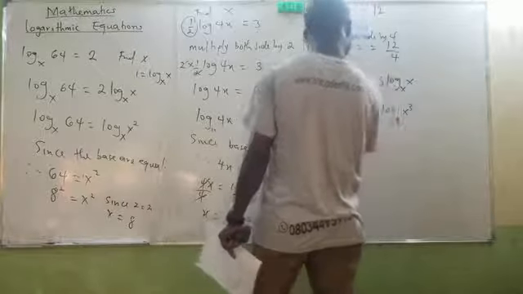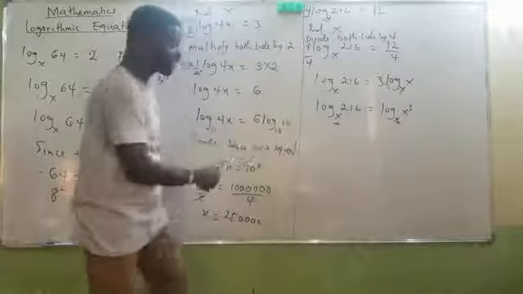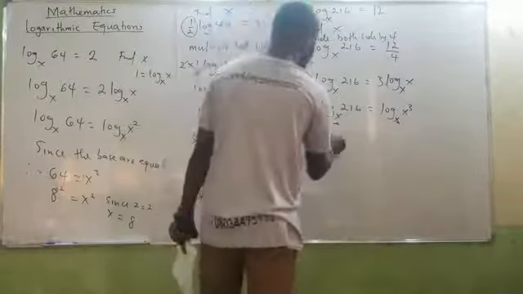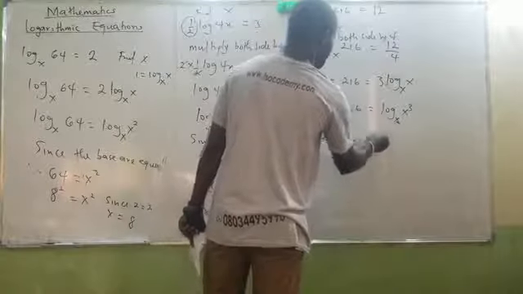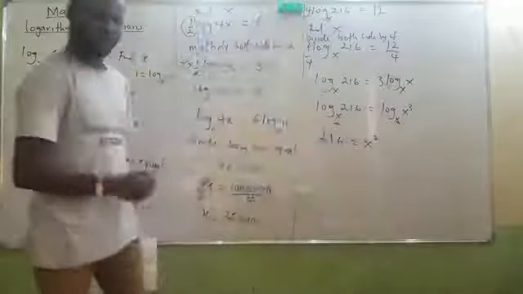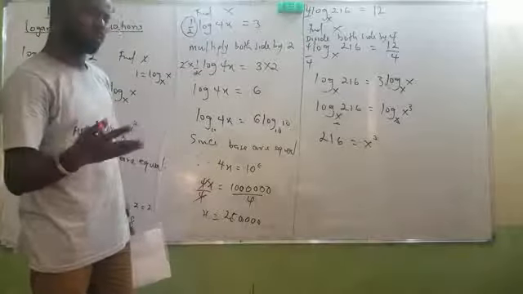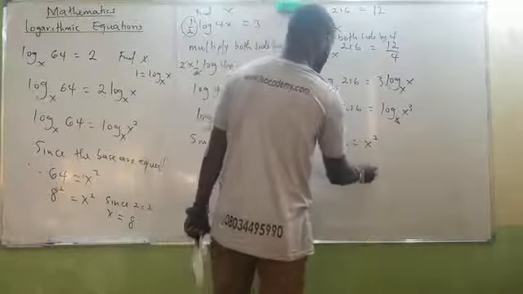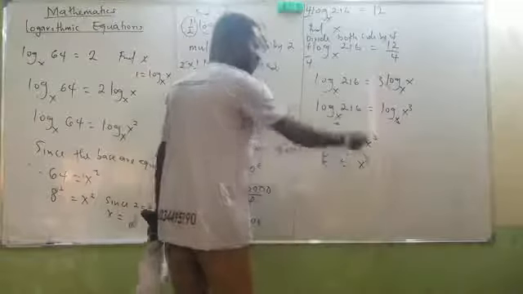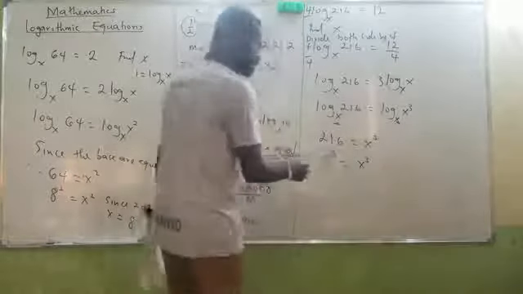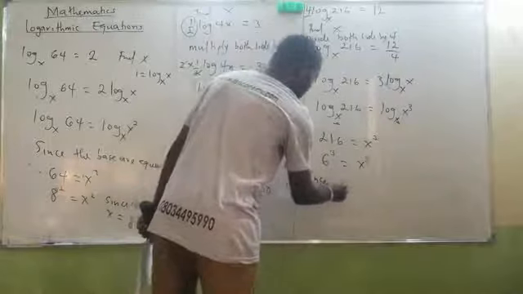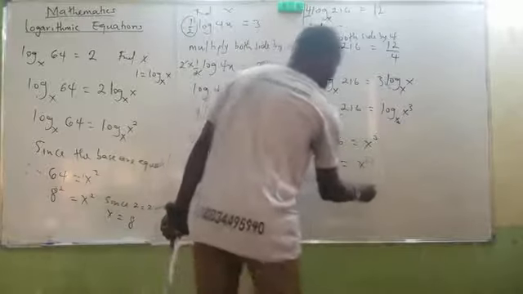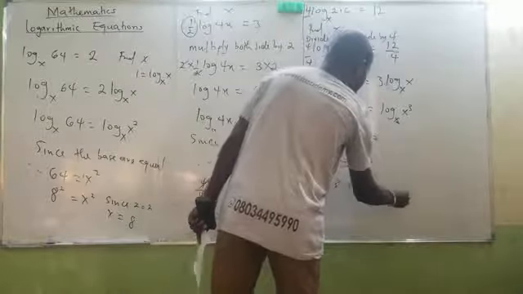Since the bases are equal, I'll be having 216 equals x cubed. The cube of 6, 6 raised to the power 3, equals x raised to the power 3. Since 3 equals 3, therefore x equals 6.